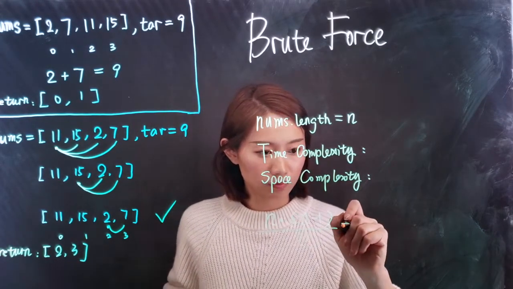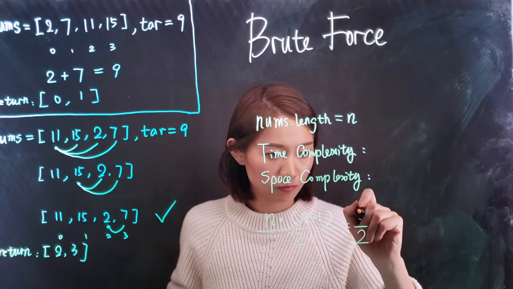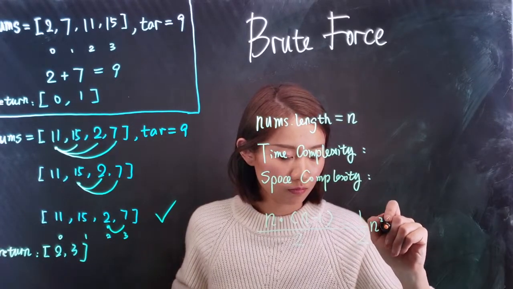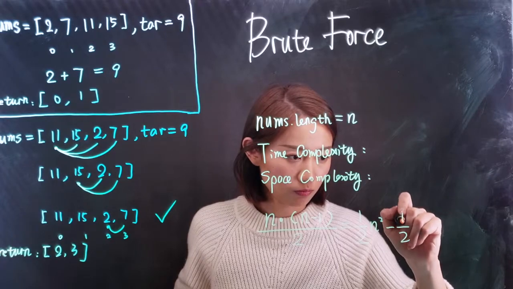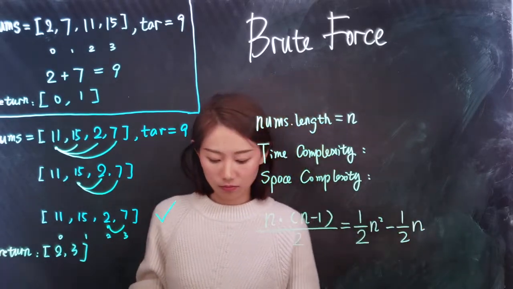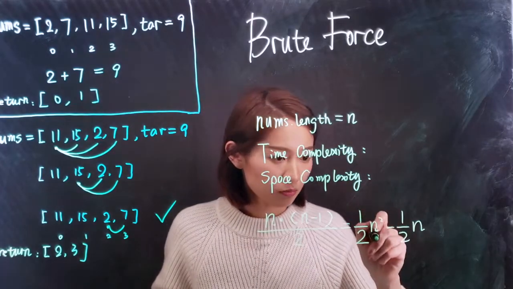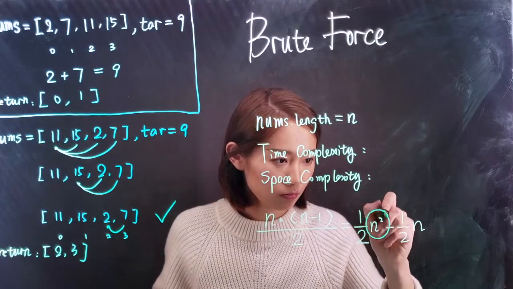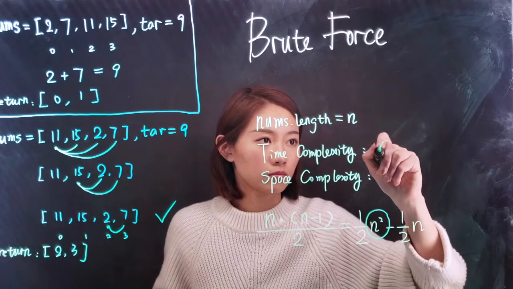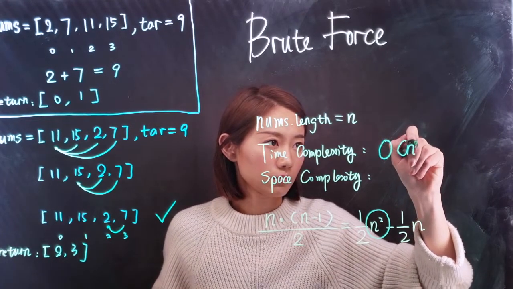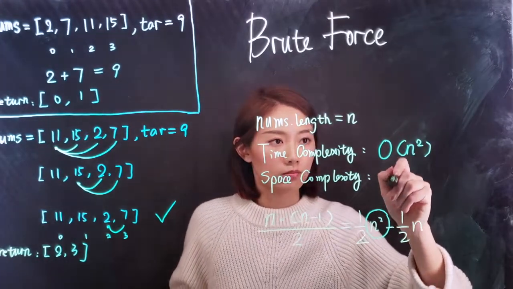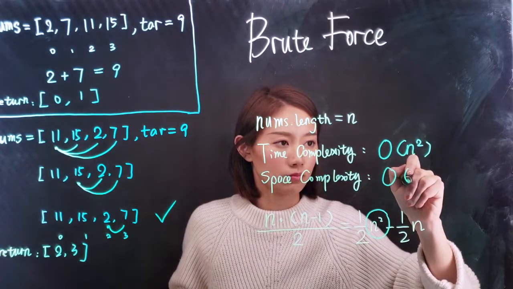So the actual number of calculations is n multiplied by n minus 1, and then divided by 2. So the big O time complexity here is O(n squared). Remember, we only care about the highest order of magnitude because when n is very big, that's all that matters.